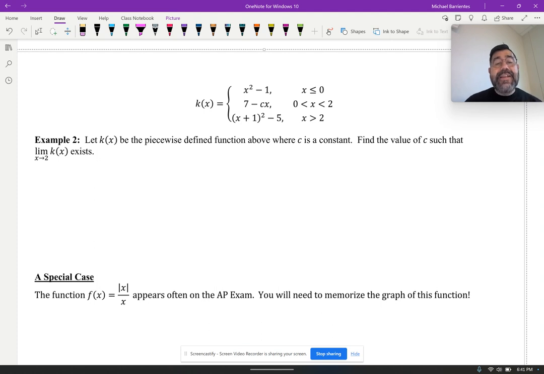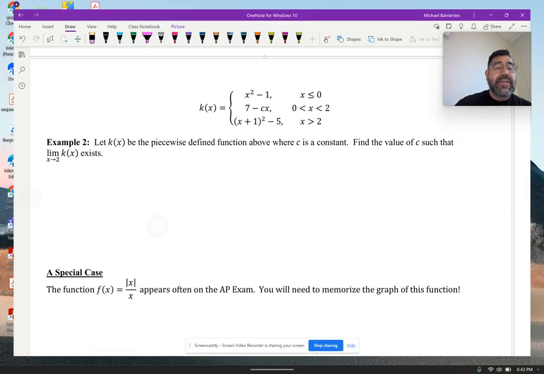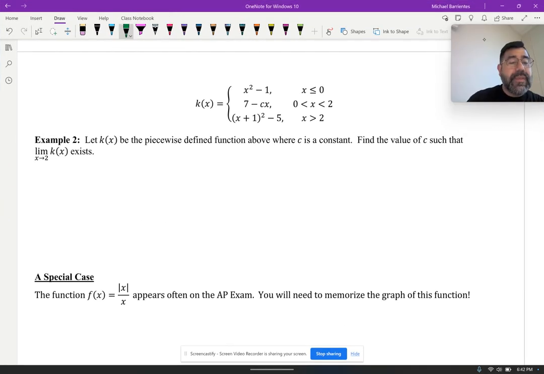How can I find the c value such that the limit of this function k of x as x approaches 2 exists? What do we know? What was the main idea of this section with piecewise functions?